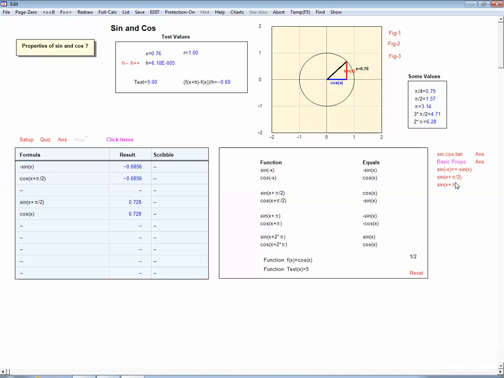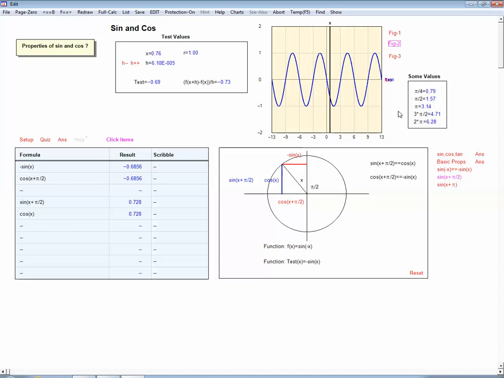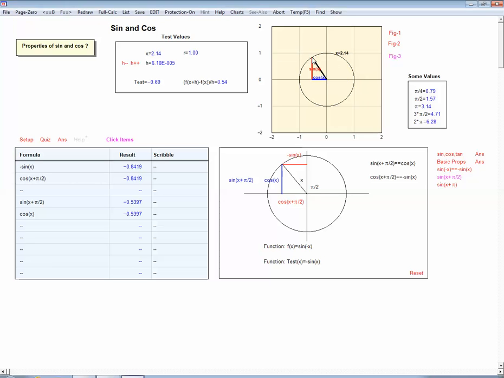Let's look one more time at my problem area, which is this one here. I've got to go to figure 3. And here, I've got my colors the opposite. That's too bad, but that's the way it goes. This is what I remember. Minus the sine of x is that red line.